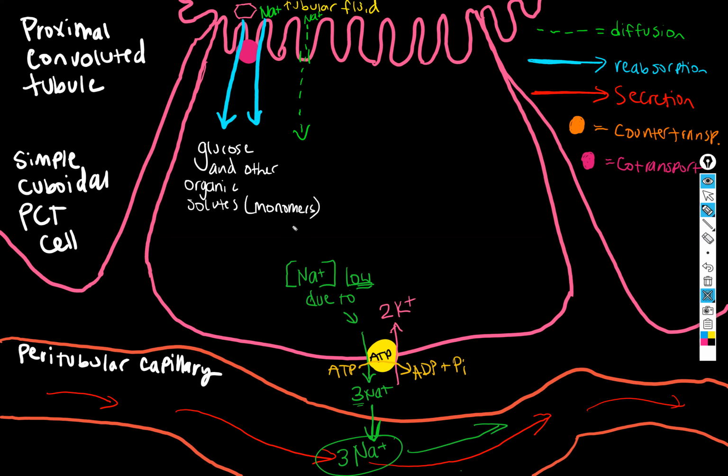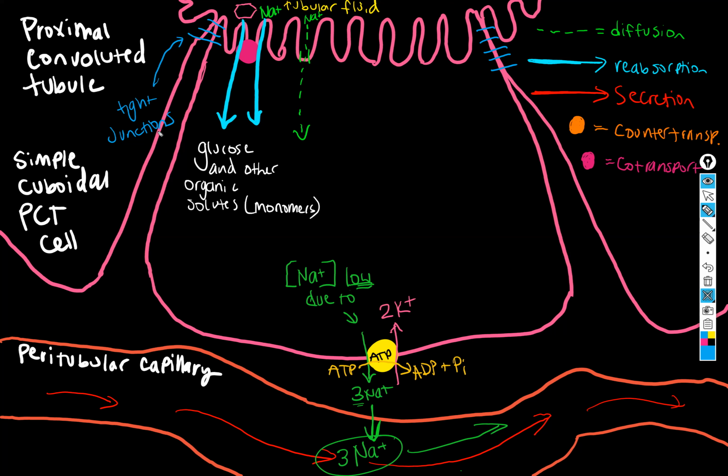So if we're constantly reabsorbing these things into the PCT cell from the tubular fluid, we're also going to create a scenario, because another thing to note is that the apical layer cells are joined by tight junctions. So probably haven't thought about cell junctions in a while, but you need to.